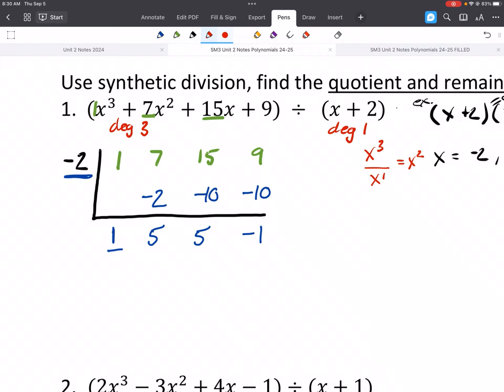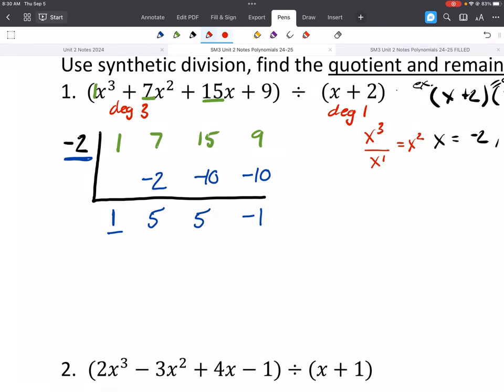So we should end up having a quadratic as our quotient. We'll rewrite this: 1x squared plus 5x plus 5. And then the remainder is -1 over the divisor, which is x plus 2. Okay?